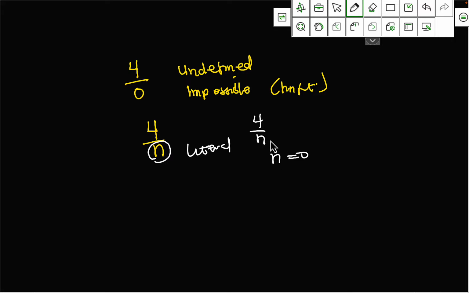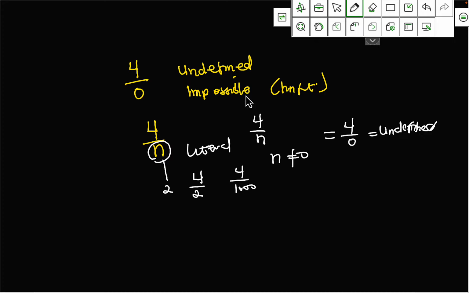So it means that n here can take on any number. It can take on 2, and that will be 4 over 2. It can take on 1000, and that will be 4 over 1000. But what that means is that for this to work, n can never be equal to 0, because then you are going to have 4 over 0, which is undefined. This is also one thing that you would see a lot in algebra.